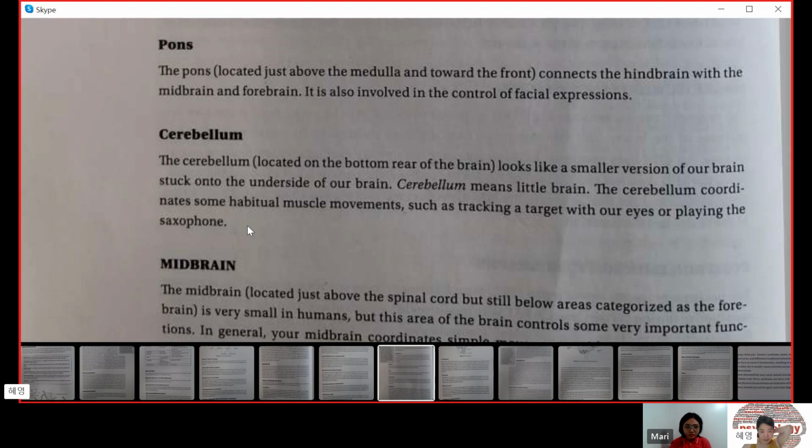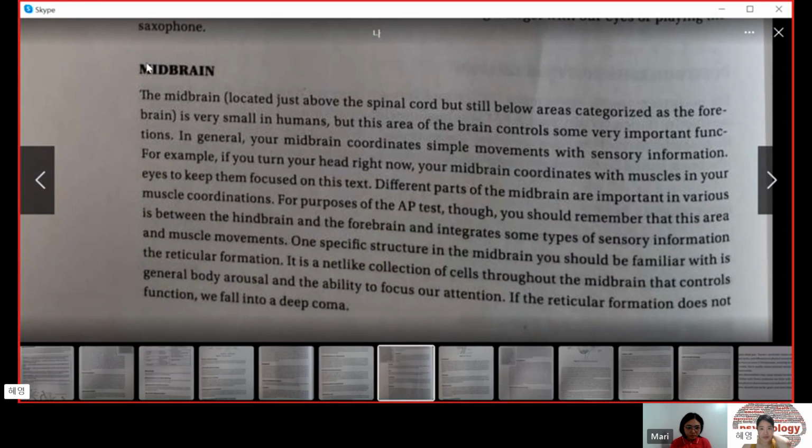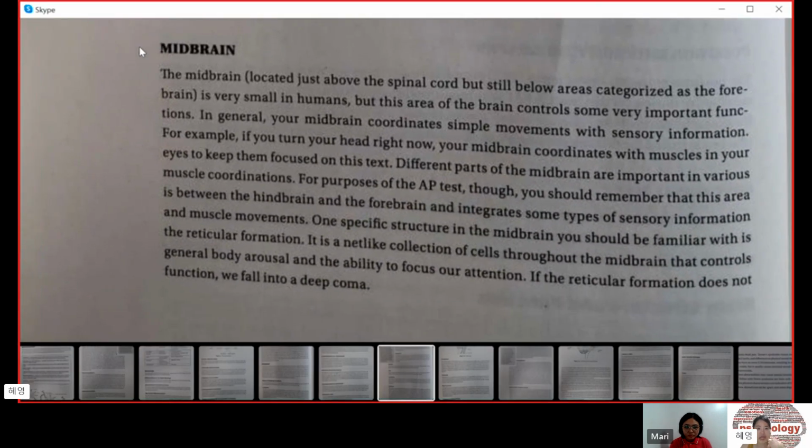And next one is midbrain. The midbrain, which is located just above the spinal cord, but still below areas categorized as the forebrain, is very small in humans. But this area of the brain confers some very important functions.